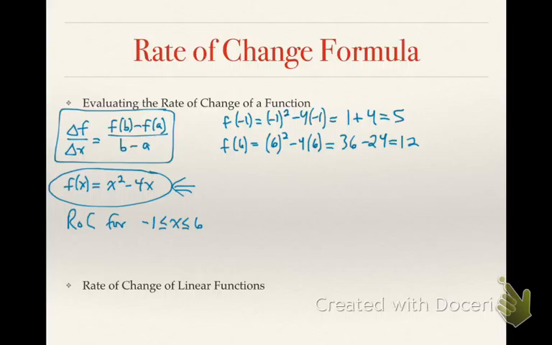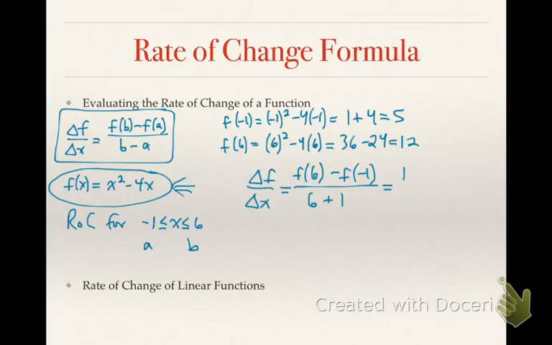If I'm going to find the average rate of change of this function over the interval from -1 to 6, this is my a, this is my b: -1 is my a, 6 is my b. So f of 6 minus f of -1, all over 6 minus -1, which becomes 6 plus 1.